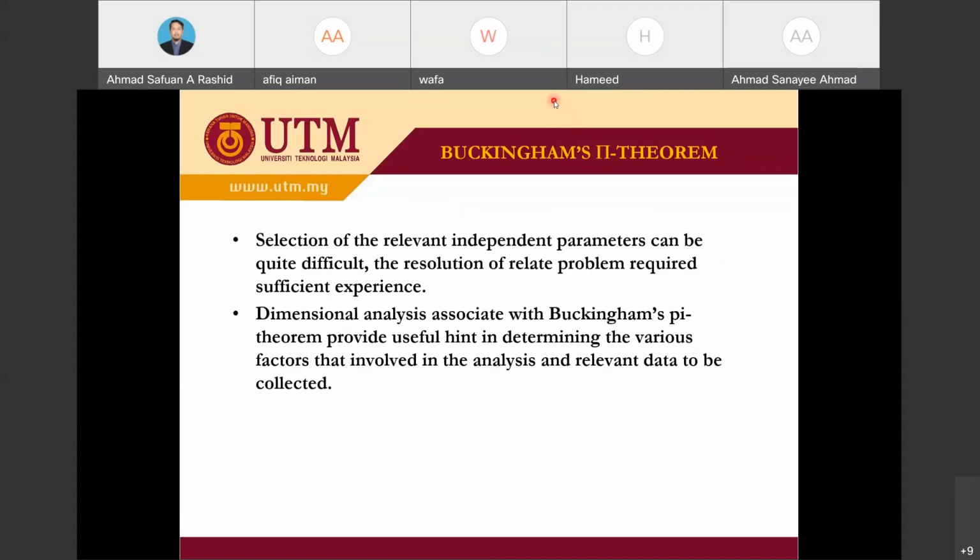So selection of the relevant independent parameters can be quite difficult. The resolution of such problems requires sufficient experience.